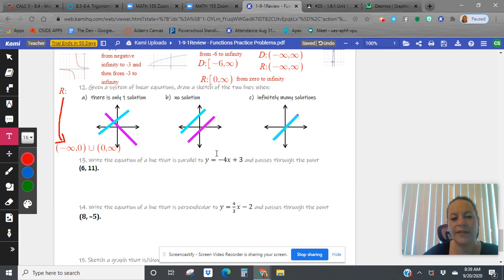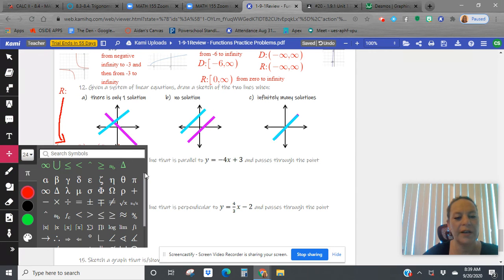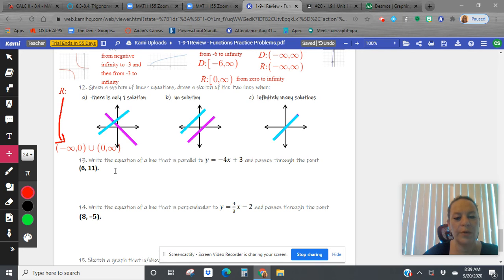Write the equation of the line that is parallel to this and passes through this point. So first of all, I need my slope from this equation. Parallel lines have the same slope, so m equals -4.